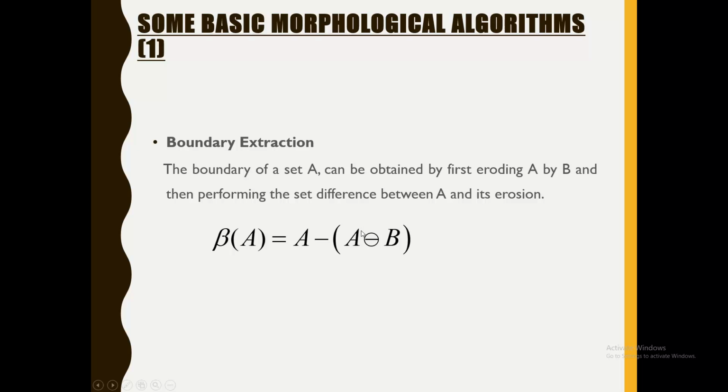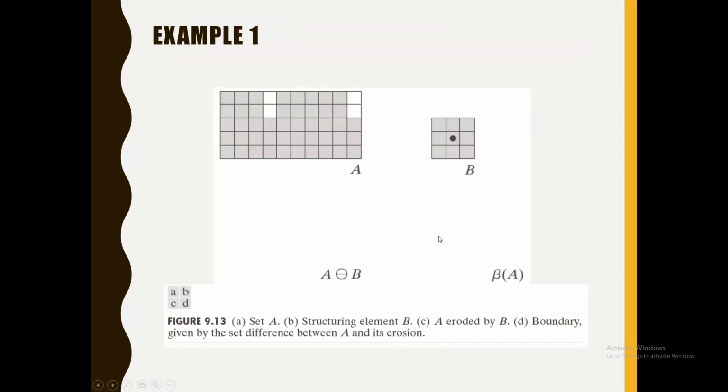So first we erode A with the structuring element and then we subtract it from the set A. That will give the boundary. Because after erosion the boundary has been removed, once we subtract it from the original image, the boundary remains and the rest is completely eroded. So this one is very helpful in finding the boundary.